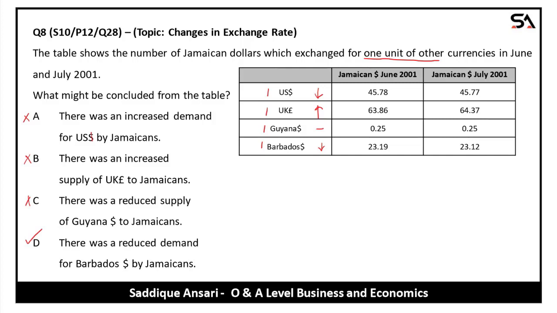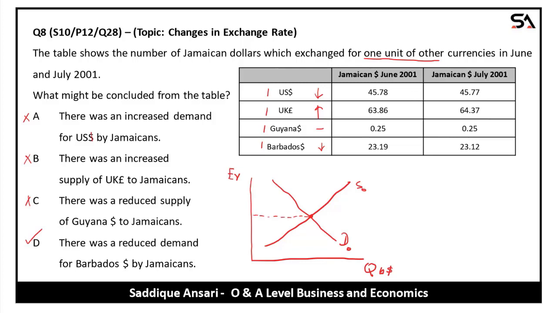Let's make a diagram for this. On the x-axis we will write quantity of Barbados dollars, and here we will write exchange rate of Barbados dollars. So this is demand, this is supply, this point is equilibrium.